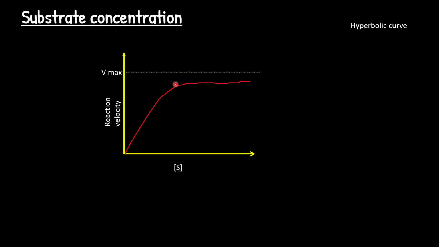That means after this point, the active sites of all the enzymes are occupied with substrate. So further increase in the substrate does not increase the velocity because there is no enzyme to bind with the substrate. So even if we increase the substrate, there is no change in the velocity. So we get a hyperbolic curve.